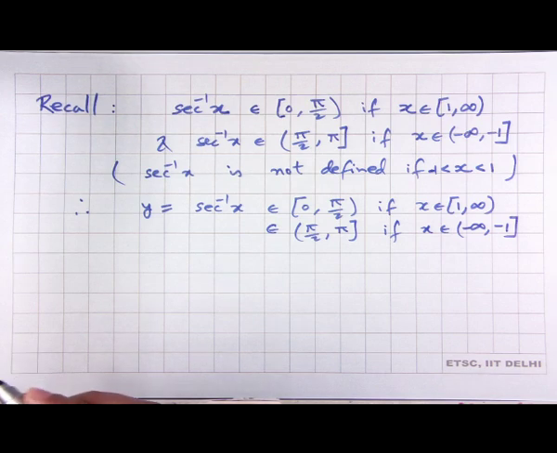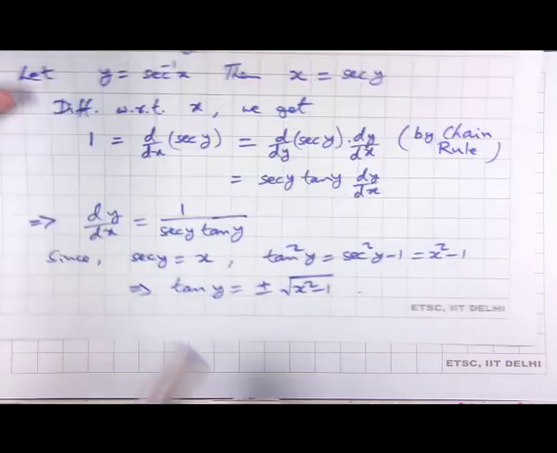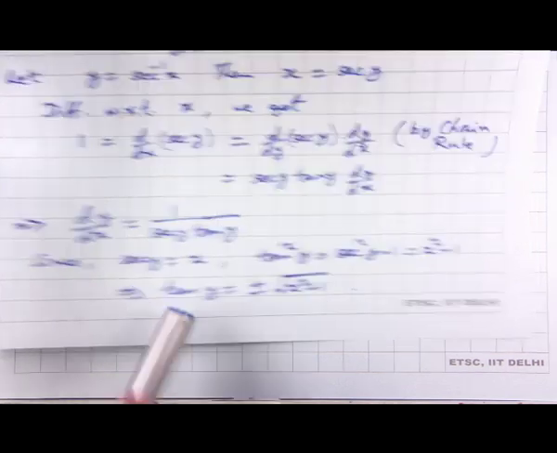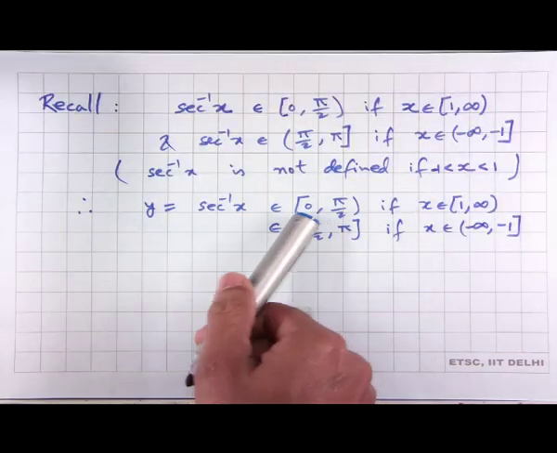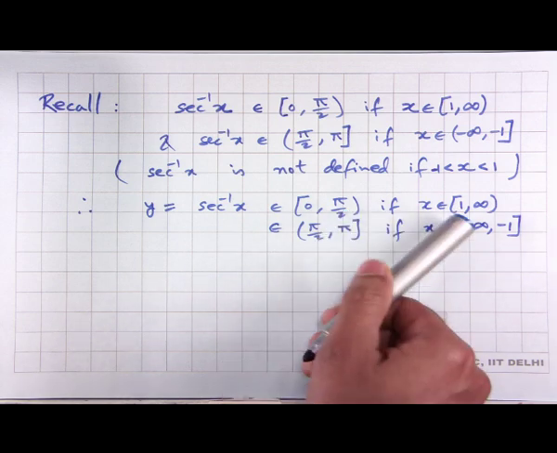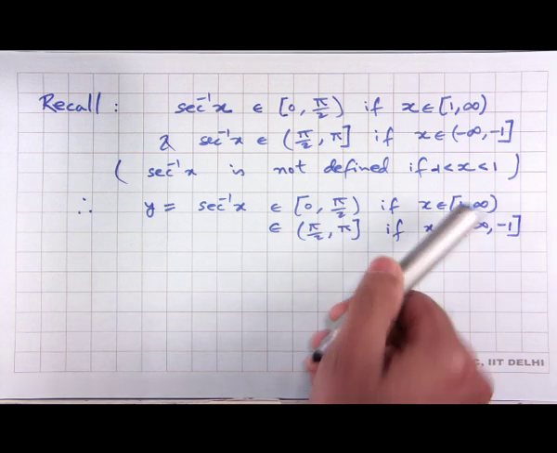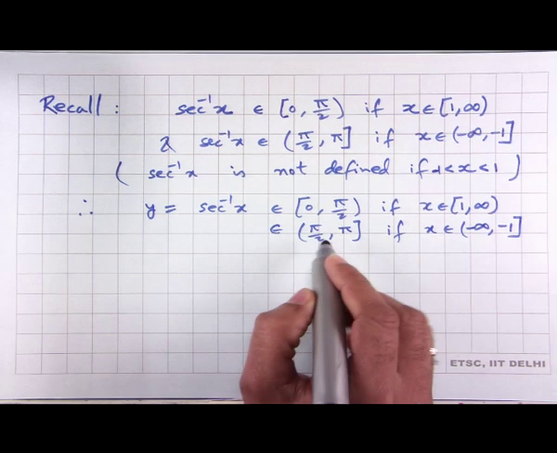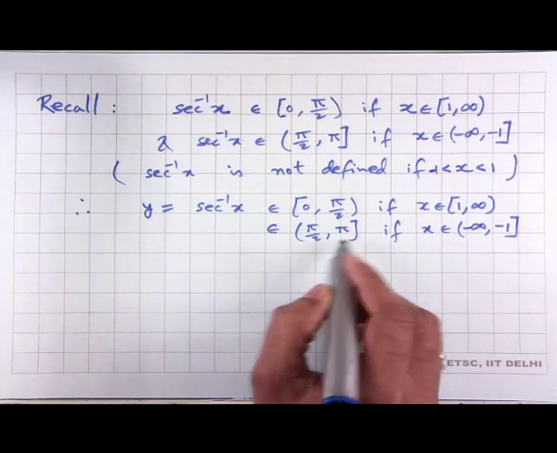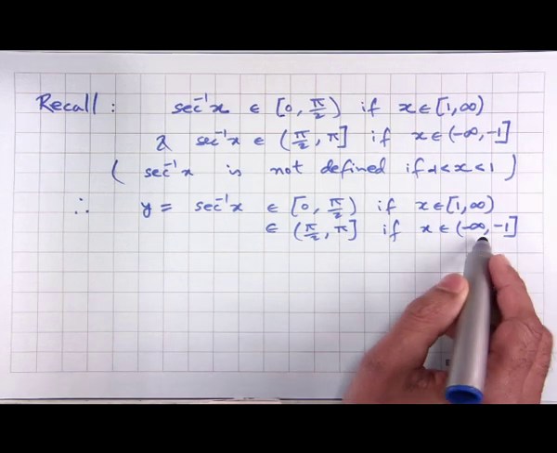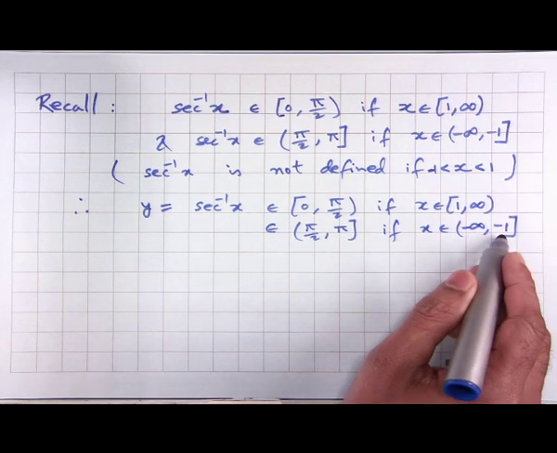Now, what we want is to find what is tan of y. We know that y is in the interval 0 to pi by 2 for x greater than or equal to 1, and y is in the interval pi by 2 to pi if x is in minus infinity to minus 1.